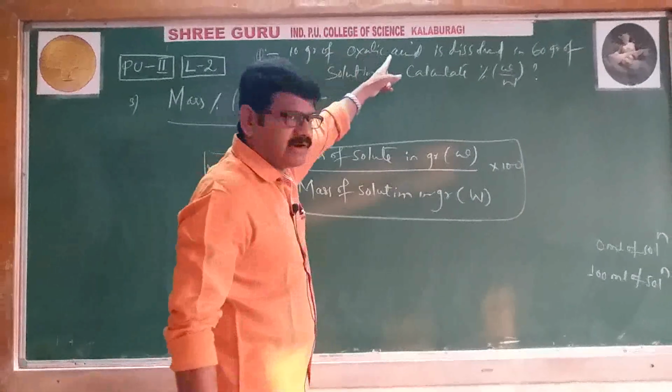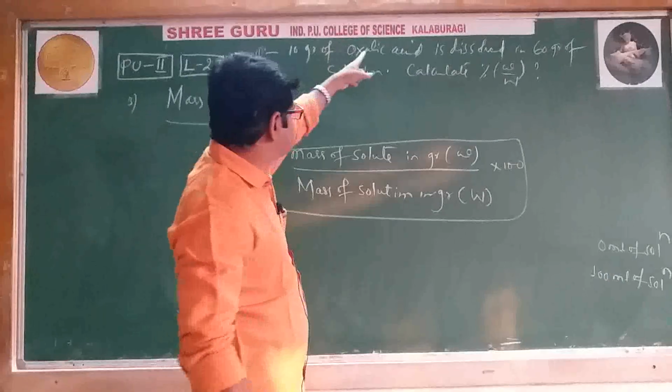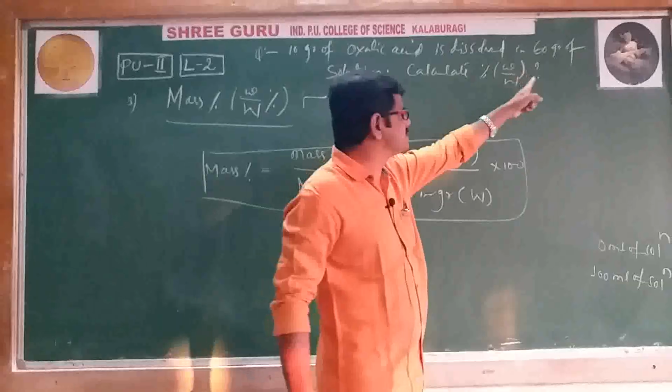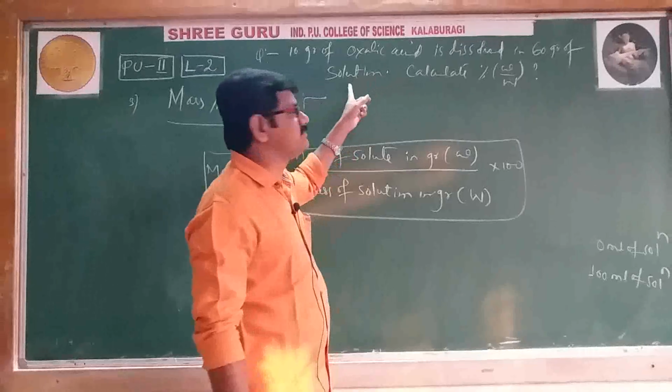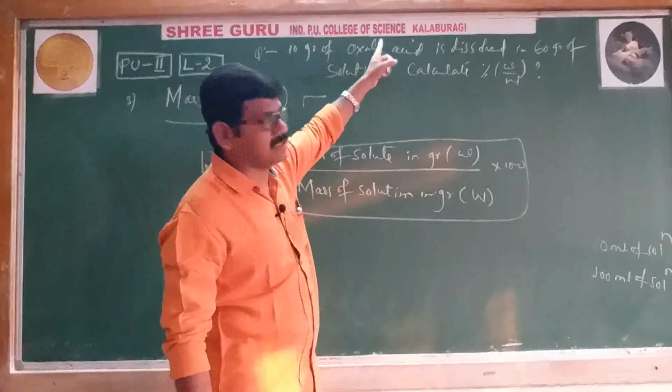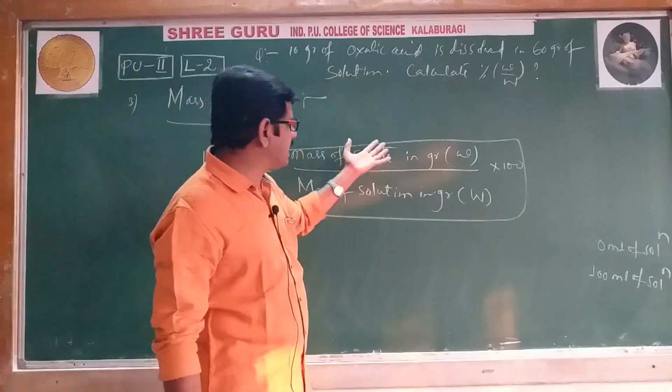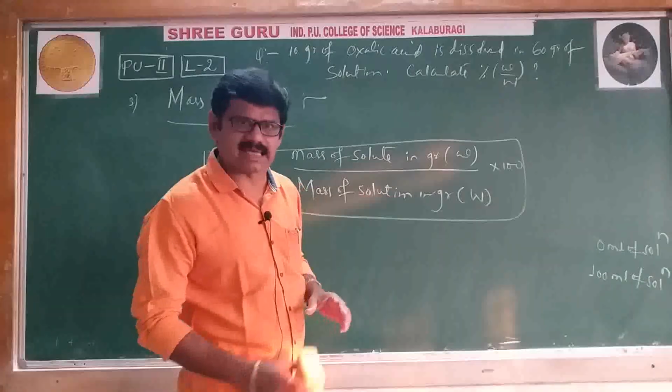10 grams of oxalic acid is acting as a solute, dissolved in 60 grams of solution. It means solute mass is given and solution mass is given, so directly with the help of the formula we can calculate.